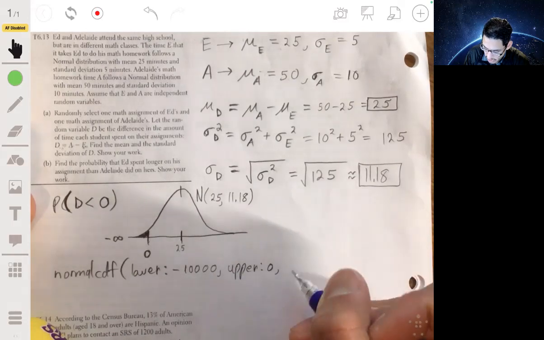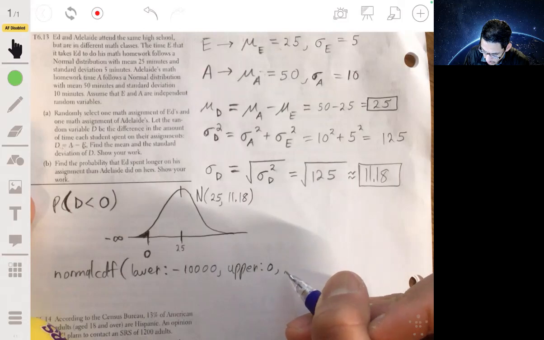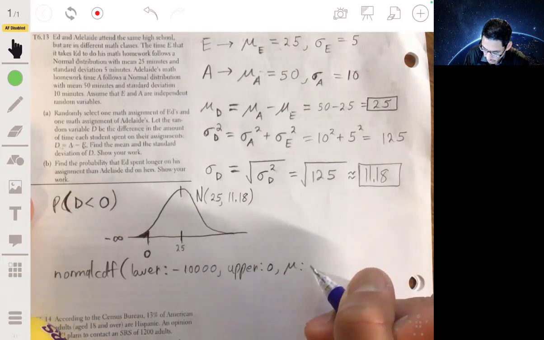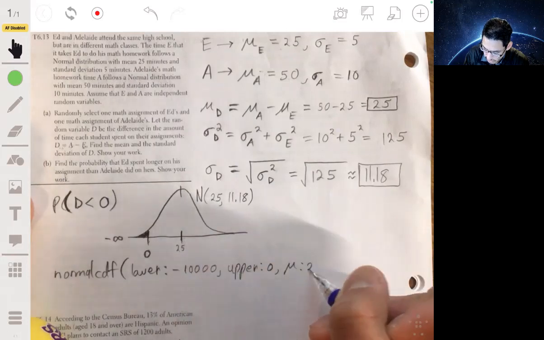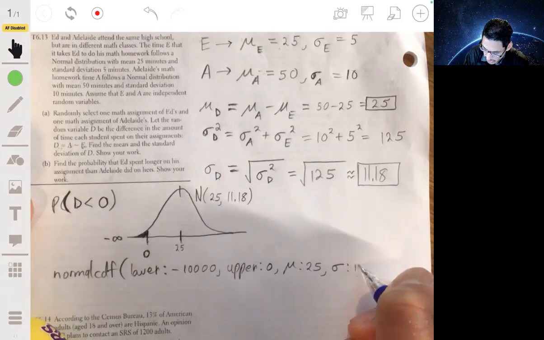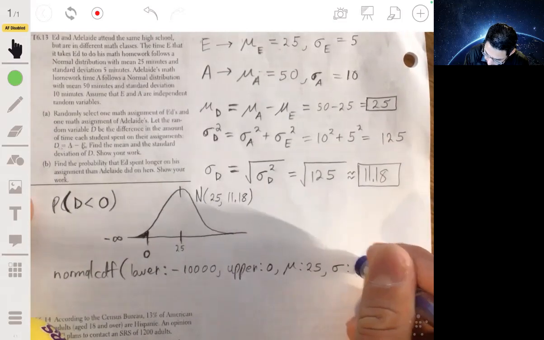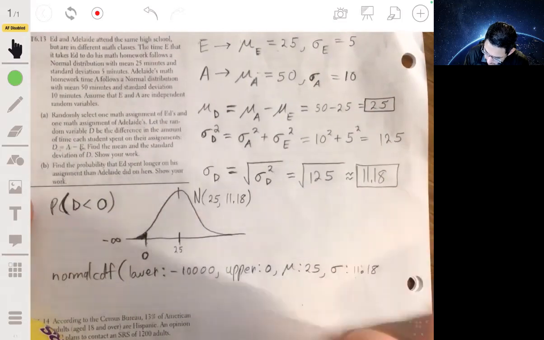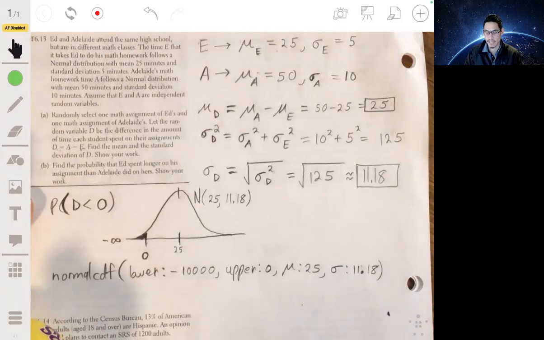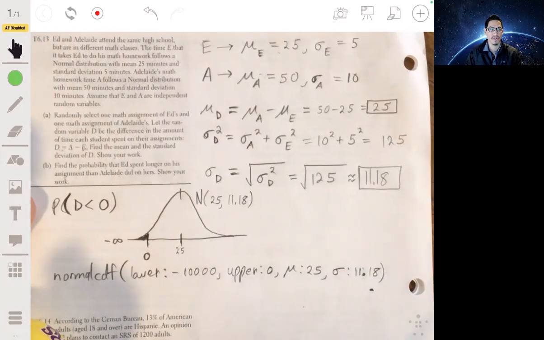And the mean of the distribution will be 25, and the standard deviation of the distribution will be 11.18. You enter the syntax like this, and your calculator will give you the probability just like that.